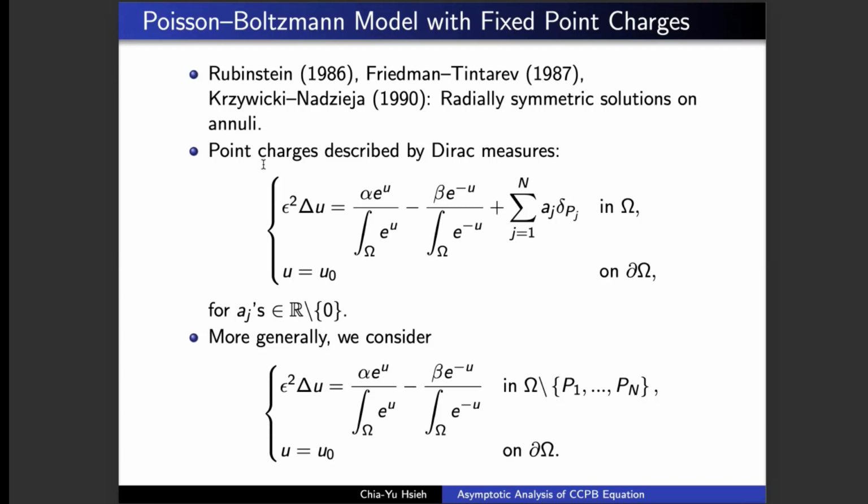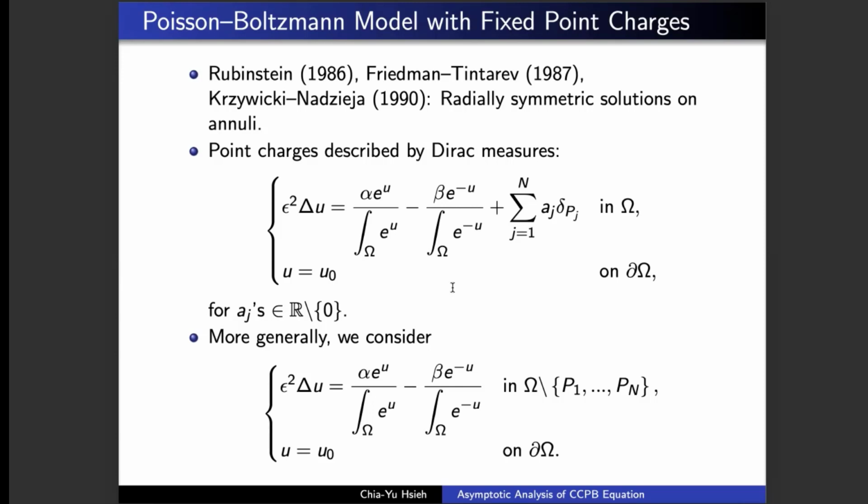Okay, so not mentioned in their paper, but if you choose suitable boundary condition on the inner boundary and take the inner radius to 0, then their solution indeed converges to some solution to the Poisson-Boltzmann model with a Dirac measure centered at the origin.